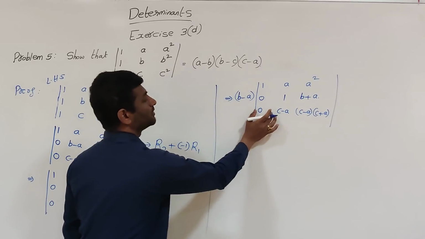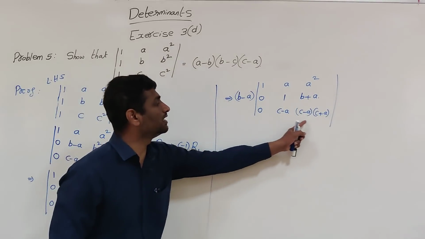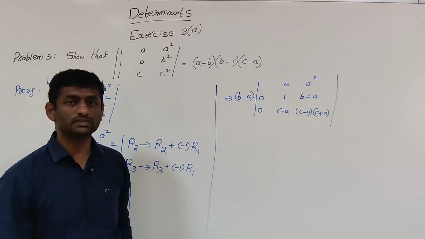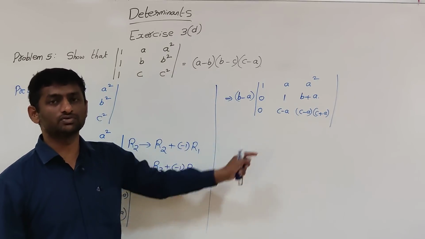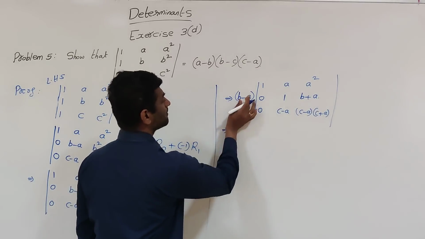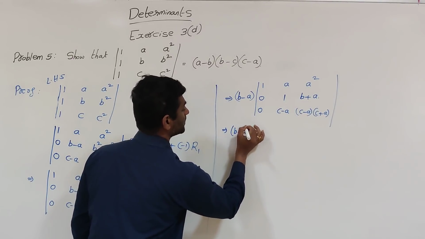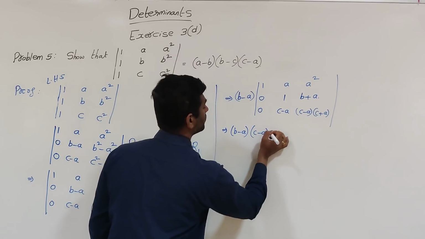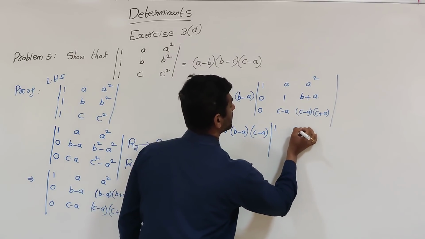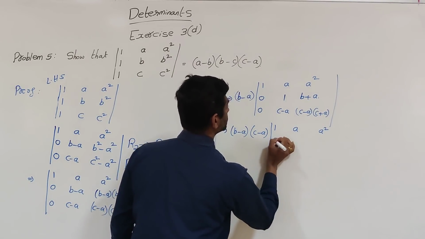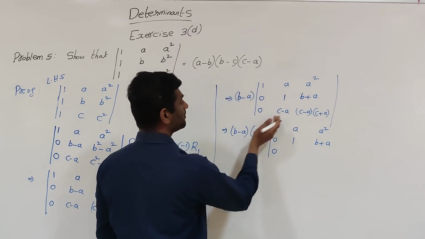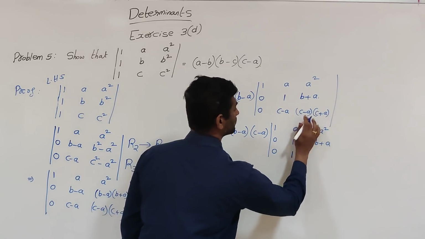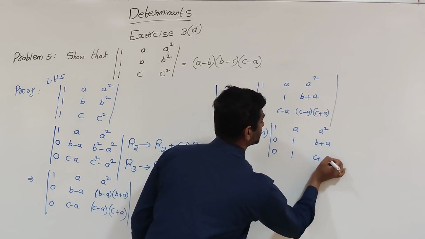Now again, by the same property that every element of row 3 is a multiple of c minus a, we can take c minus a out. But already b minus a is there, so b minus a into c minus a I am taking out, so it will be 1, a square; 0, 1, b plus a; 0, c minus a is out, so it will be 1, and from here also it will be c plus a.